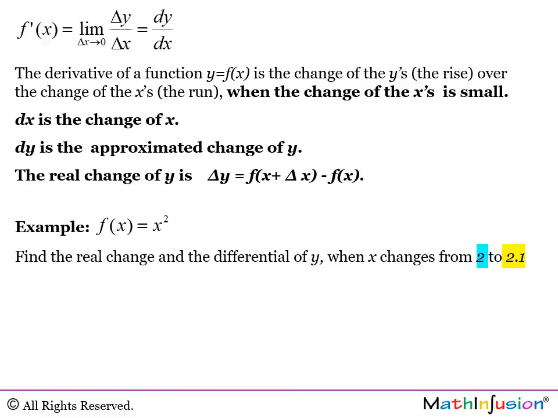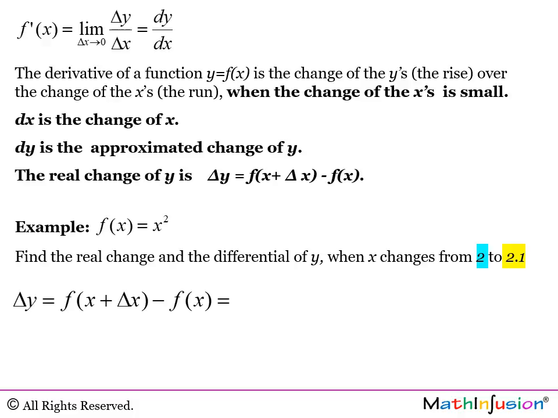Example: f of x equals x to the power of 2. Find the real change and the differential of y when x changes from 2 to 2.1. The real change in the function is the function after the change minus the function before the change.